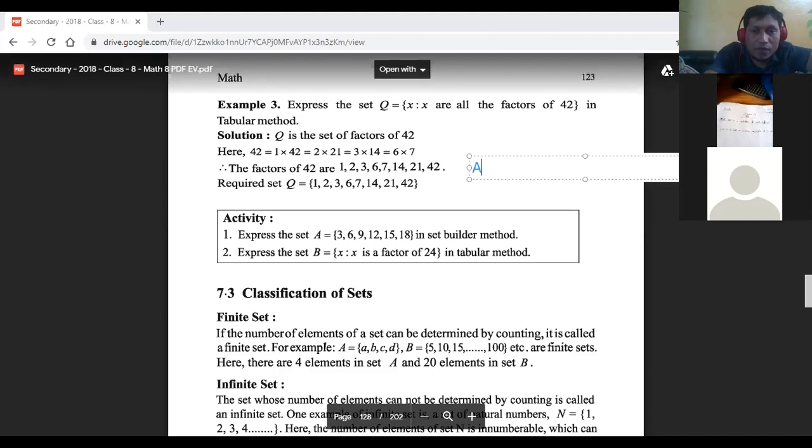A equals, in second bracket, x. x is the common element. x such that x is a multiple of 3 and x is less than or equal to.